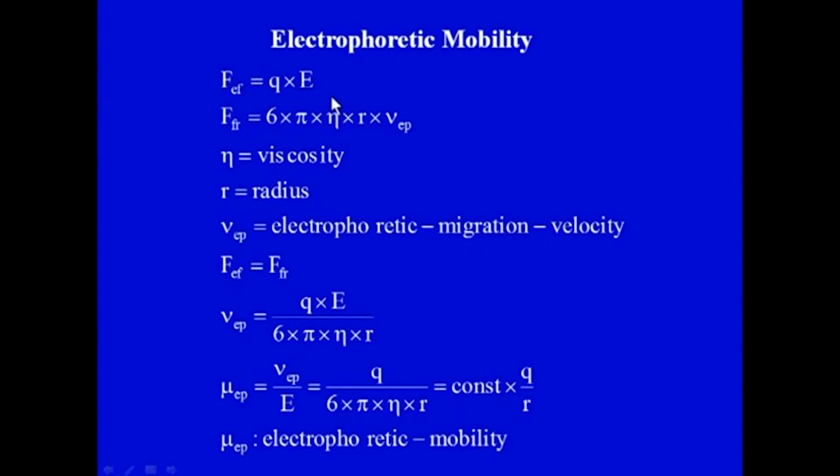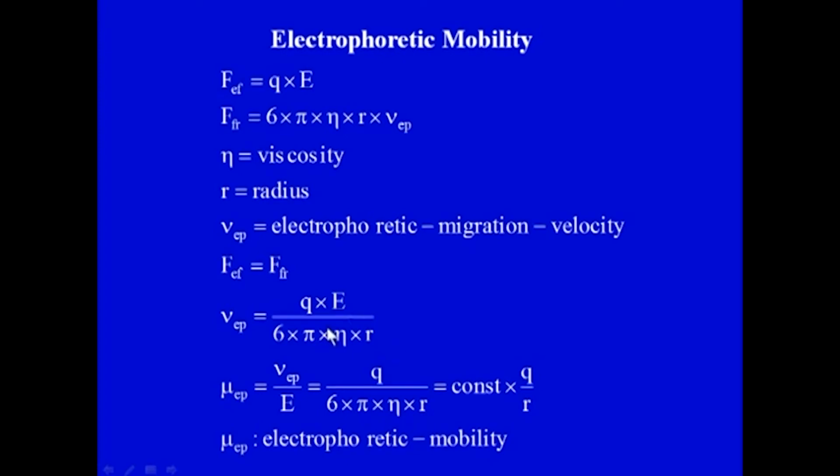If we summarize this in equation terms, you have a force on a molecule which is qE, and there is a frictional force which is given by this equation. Viscosity of the medium will play an important role, because the more the viscosity, the more will be the friction. Radius of the particle will also play a role. So, electrophoretic migration velocity will be affected by all these factors, and as we said, electrophoretic mobility is force divided by the friction.